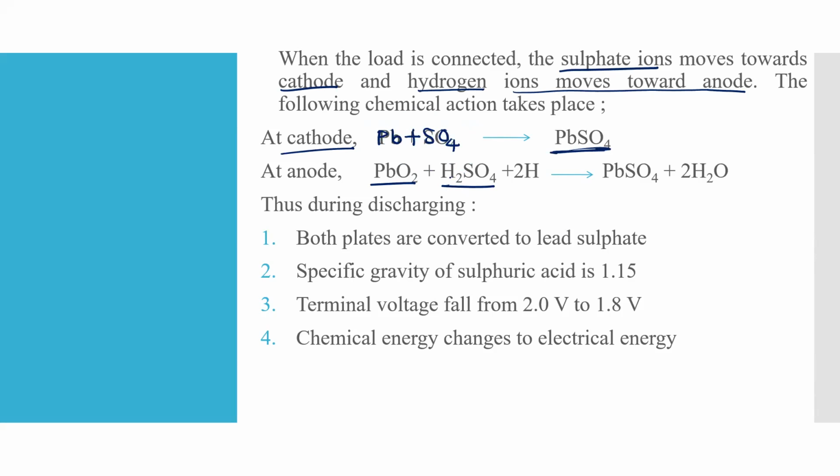And on the other hand, on anode, we have lead peroxide plus H2SO4 plus 2H. This 2H and PbO2 plus H2SO4, they combine together, make lead sulfate, and then release 2H2O.